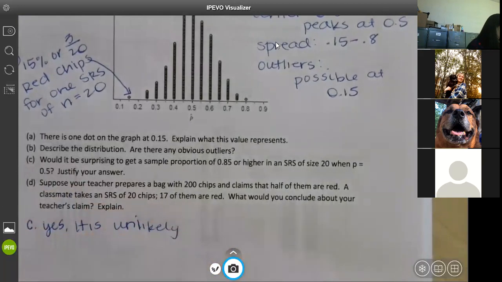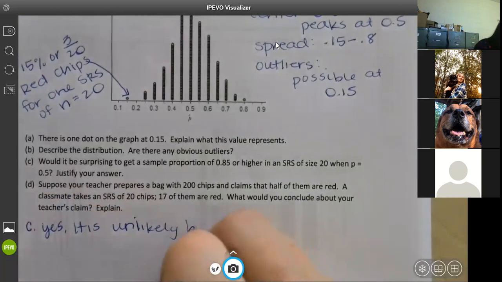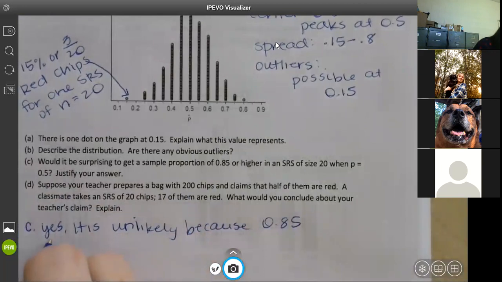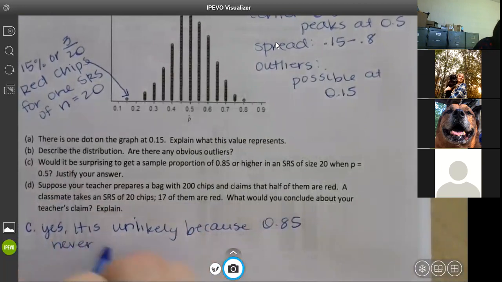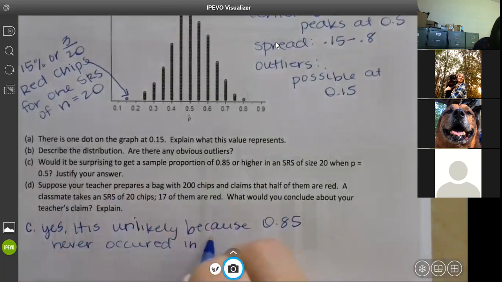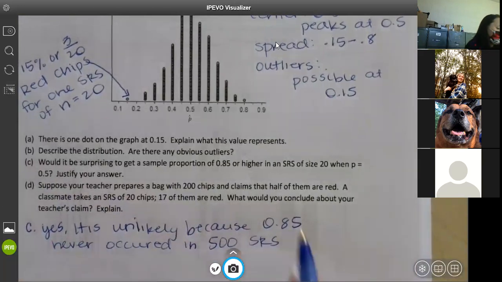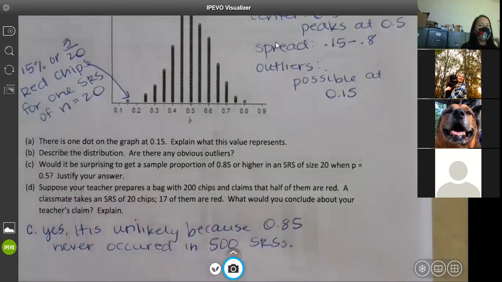So it's unlikely because 0.85 never occurred in 500 SRSs. Now the question is, could it occur?